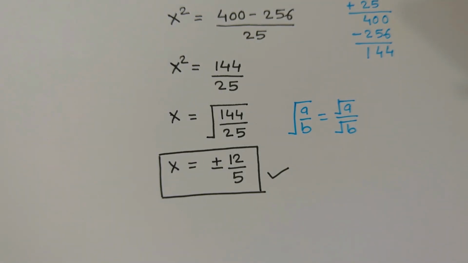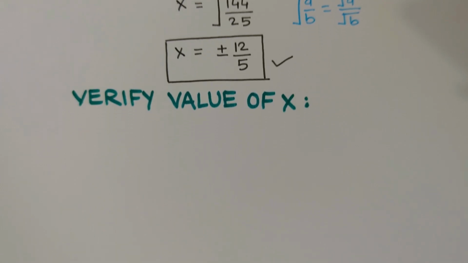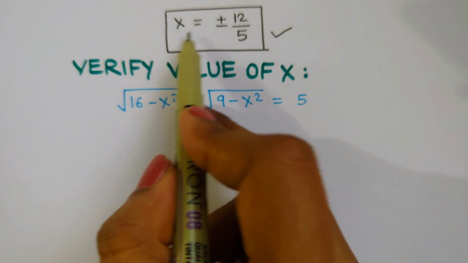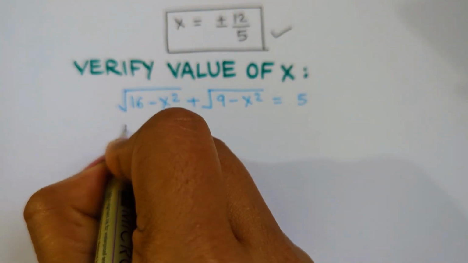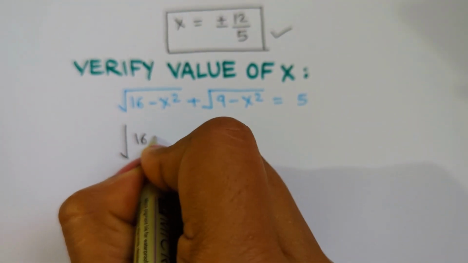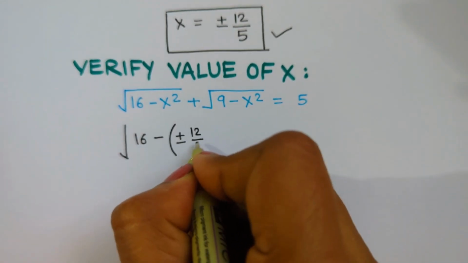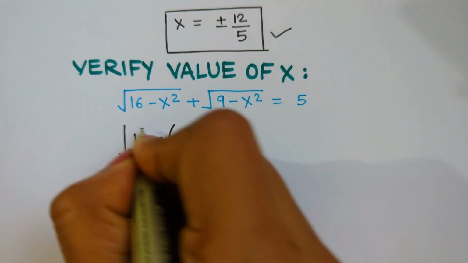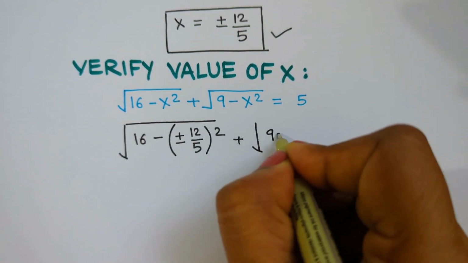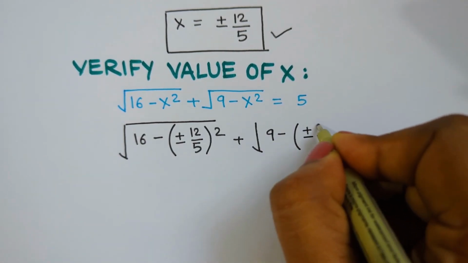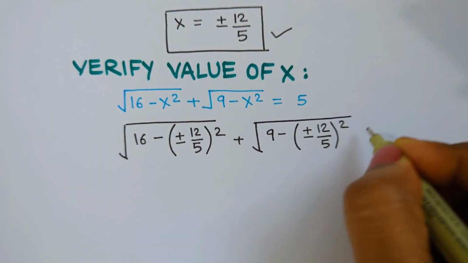Now it's time to verify the value of x, whether it is accurate, by putting it in our equation. So let's replace the value of x in our equation. It would be square root of 16 minus (plus or minus 12 divided by 5) whole square plus square root of 9 minus (plus or minus 12 divided by 5) whole square is equal to 5.